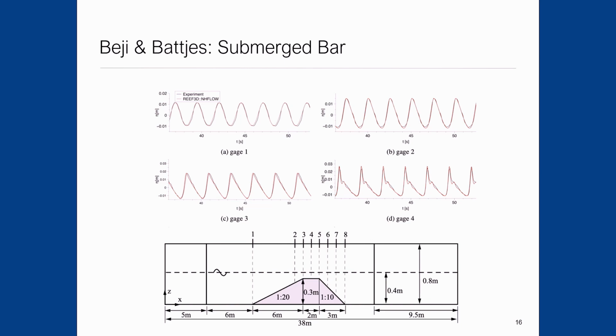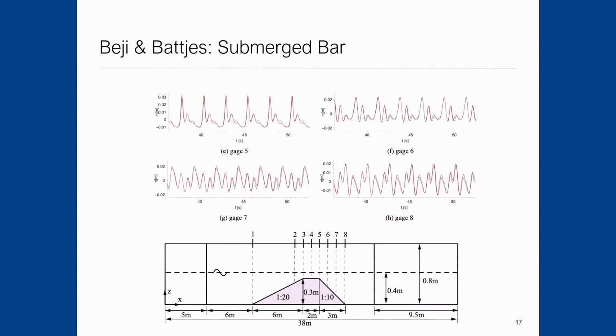At gauge 4, in the middle of this flat part, you can see additional peaks appear. When you move further towards gauges 5, 6, 7, 8, the higher order harmonics are appearing, and you can see that the model can capture that quite well.